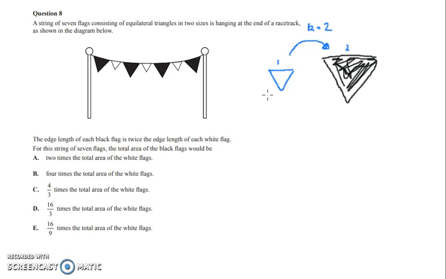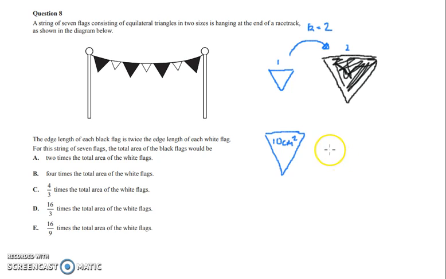Talking about the area, let's estimate a value for the area. If we say that the white flag, I'll draw it a little bit bigger, has an area of 10 centimeters squared, we can work out the value of what the black flag will be by using the k value and doing the appropriate calculation, knowing that we're calculating with area and scale factor, so it's going to have a square on the k factor.